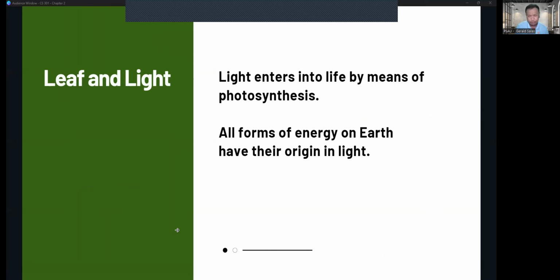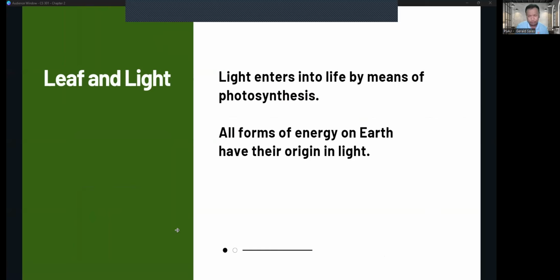So leaves serve as the gateway for the energy to enter from the universe, from outside the planet, coming into the earth. So basically, if we don't have the leaves, our photoautotrophs cannot produce their own food, they cannot survive. So basically, there will be no life.